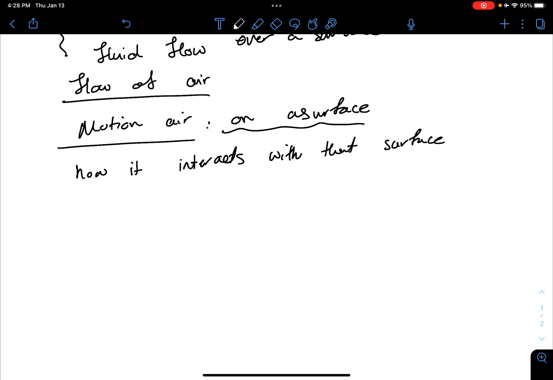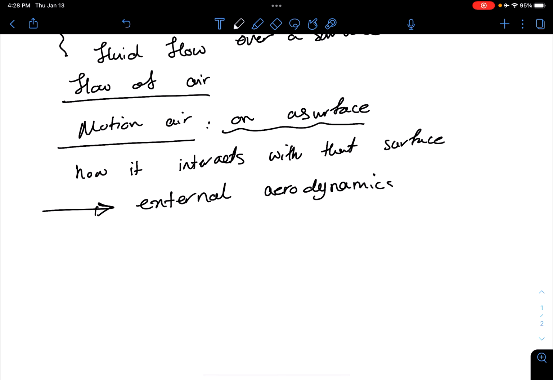In this course, we are mostly concerned with external aerodynamics. In general, we have two types of aerodynamics: internal aerodynamics and external aerodynamics.